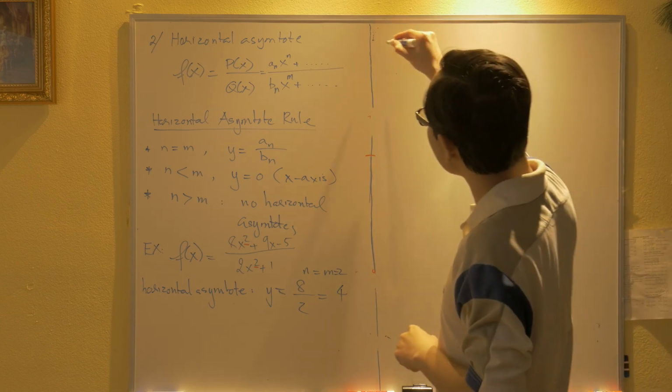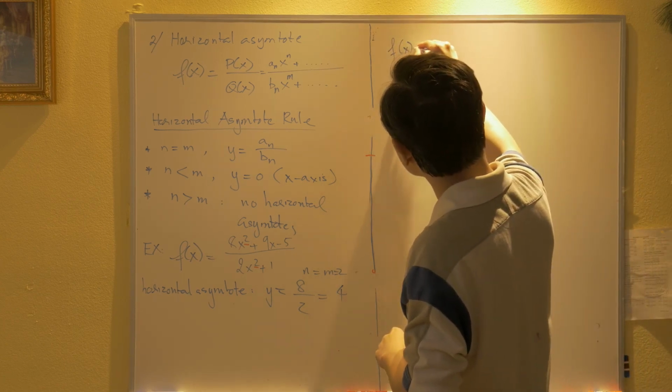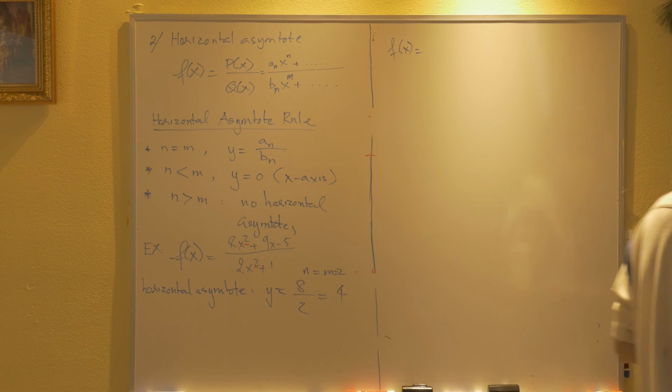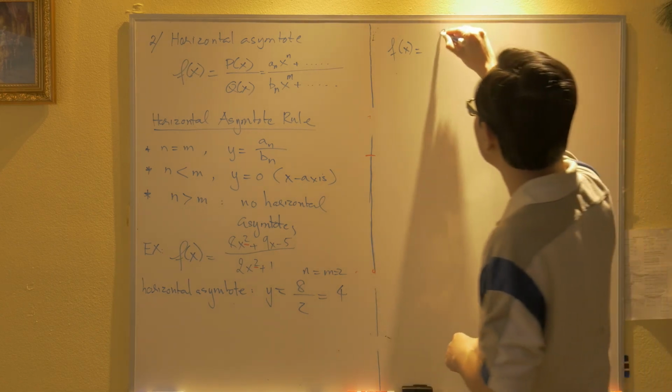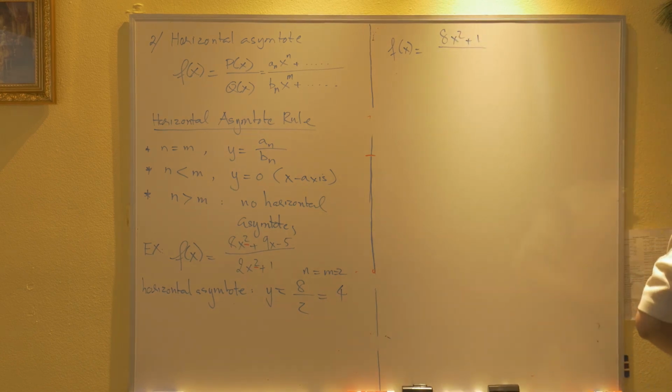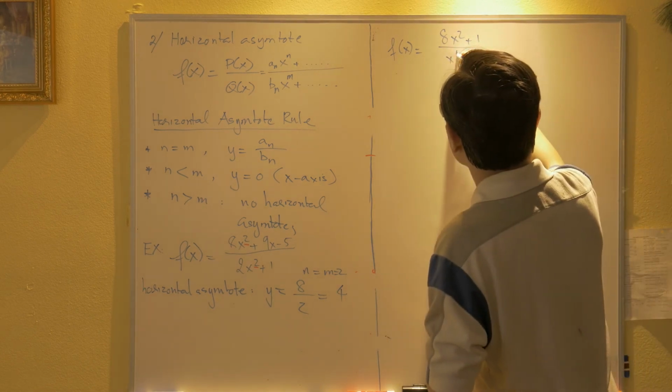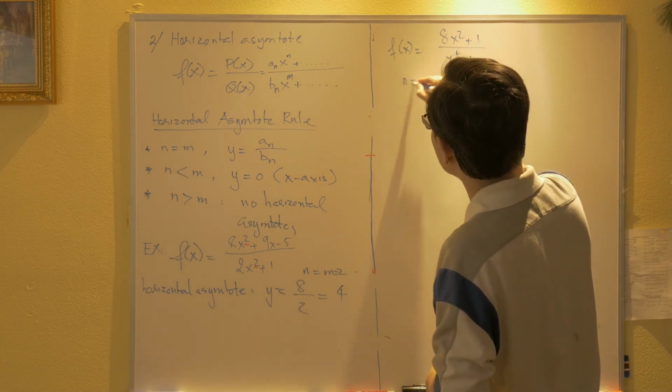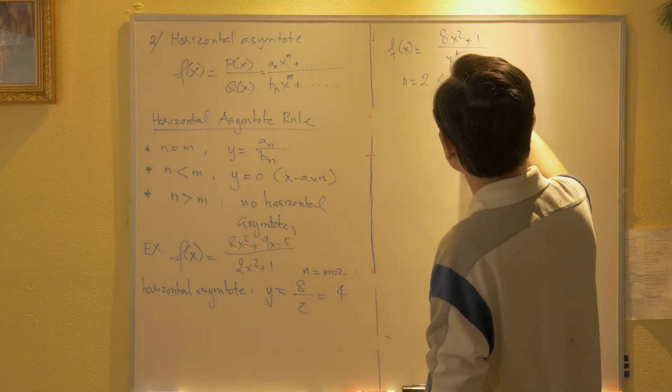So how about if I have a rational function that looks like this? f of x is equal to x squared plus 1 over x to the 4 plus 1. So I have n equal 2, which is less than m equal 4.